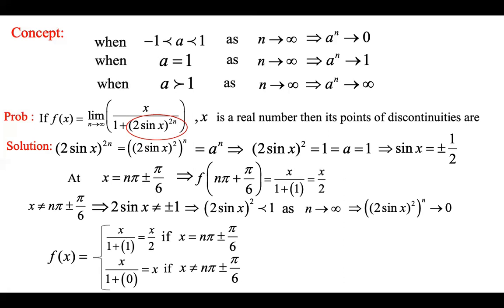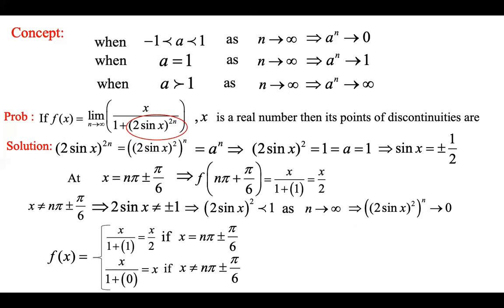Perfectly, we got the piecewise form of it, and you observe this function: at nπ ± π/6, at all these points the function value is x by 2. At all other points the function value is x.